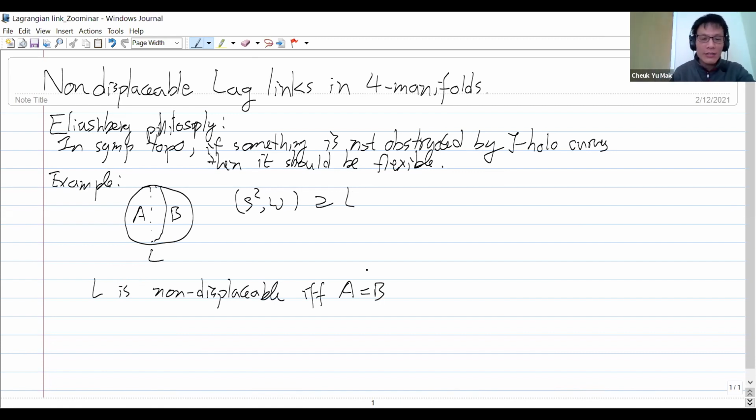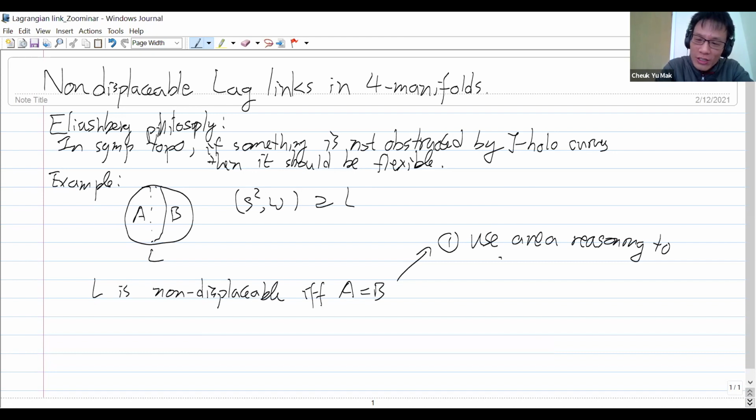There are several ways to prove this. One option is that, because Hamiltonian diffeomorphisms preserve area, you can use area reasoning to show that it is true, at least in one direction.